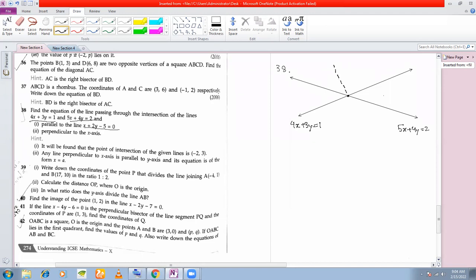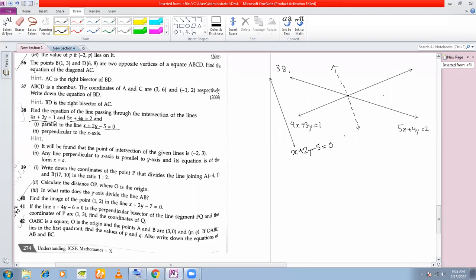Let's say this dotted line. You need to find the equation of this dotted line which passes through the point of intersection, and is also parallel to another line whose equation is given as x plus 2y minus 5 is equal to 0. So this is what you need to do.